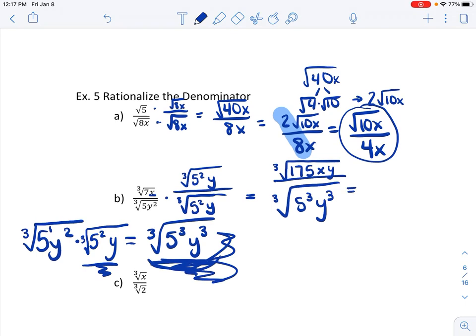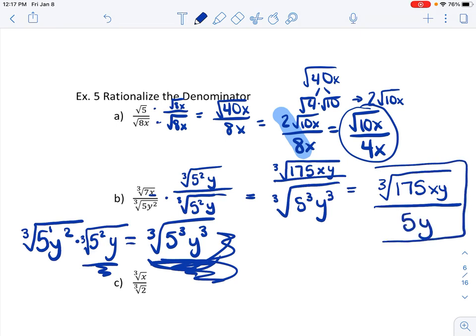We end up getting that the cubed root of 175xy over 5y as our solution. So this whole set it up and make it become a cubed inside of that cubed root is a little bit different than what we've been doing, but it's not really that hard. You just have to make up for what's missing.